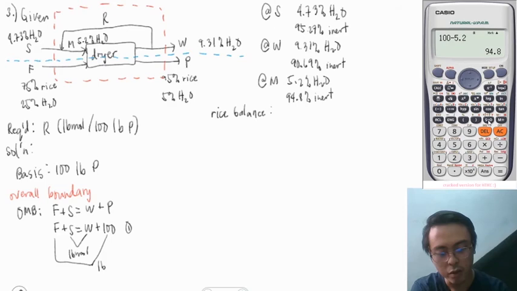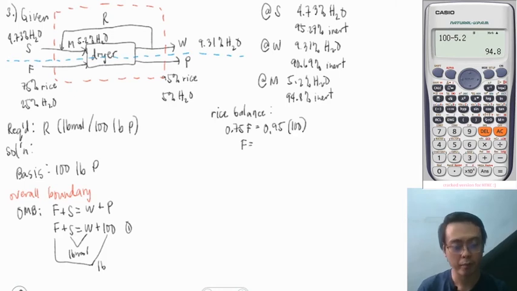We have 0.75 of F equals 0.95 of P. And P is, as our basis implied, 100. So we can directly solve for the value of F: 0.95 times 100 divided by 0.75.